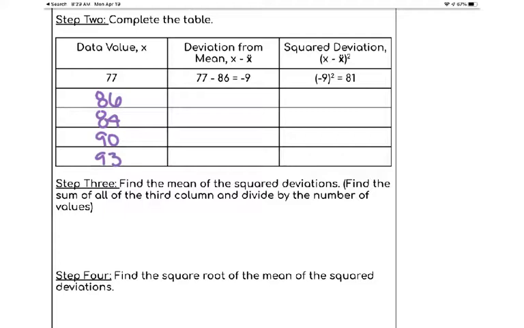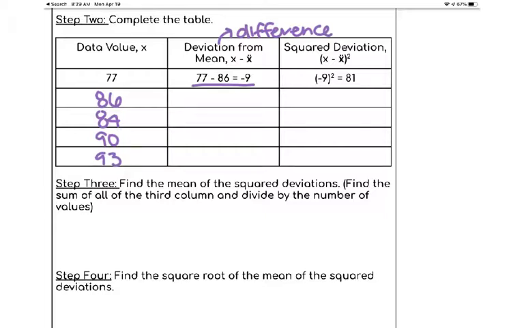Then our second column is the deviation from the mean, and the deviation simply means the difference. So you're finding the difference between the data value and the mean that you've already found. So in the first block, I have 77, which is the first data value in my set, minus the mean, which we already found to be 86, equals -9.